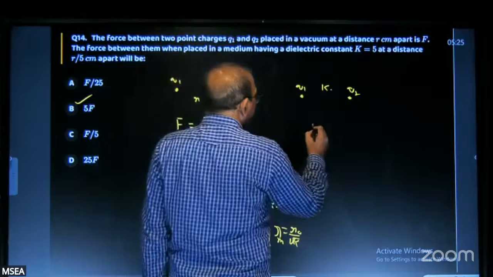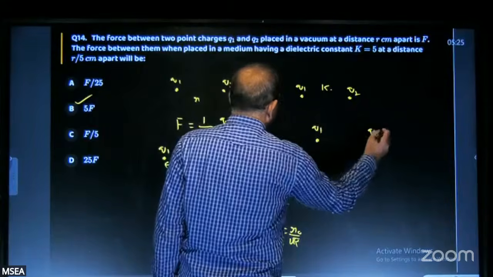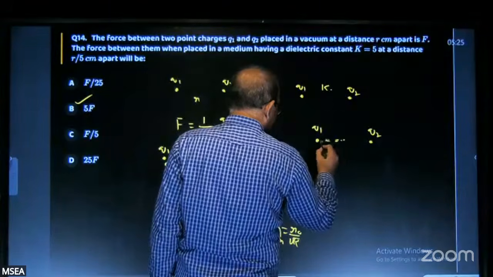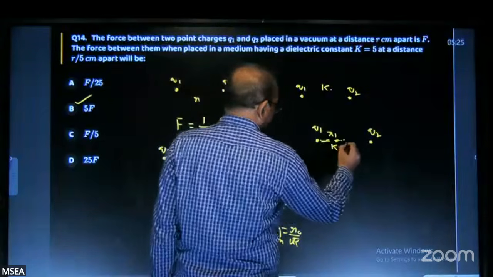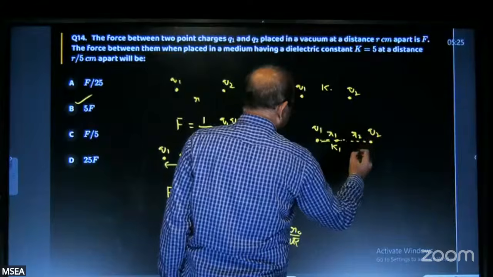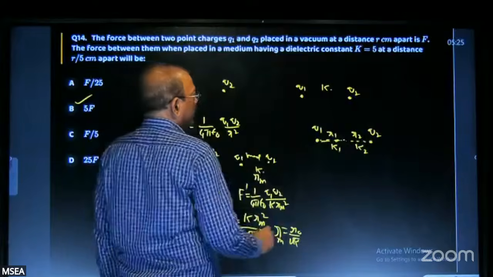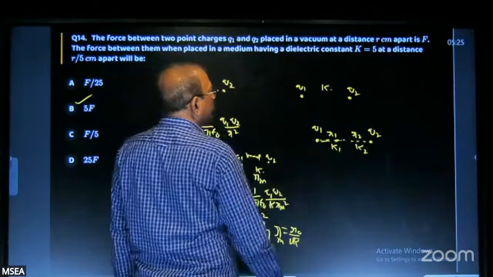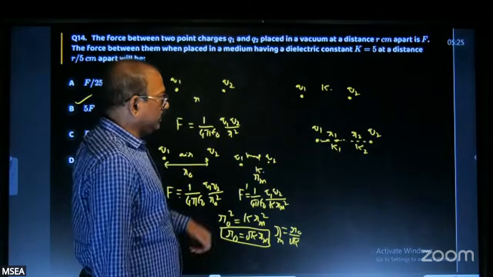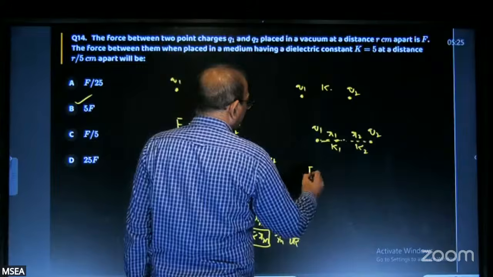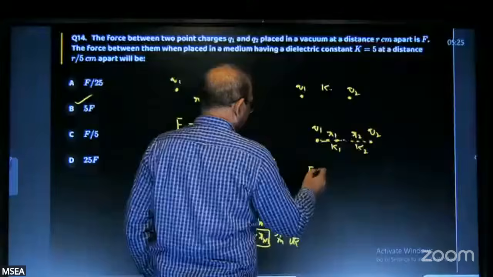But if multiple media are there, suppose between these two point charges, for some distance R1 one medium of dielectric constant K1 is present, and for the remaining distance R2 another dielectric constant K2 is present. Then how to find the force between them? If one single medium is there, you can apply Coulomb's law directly. If multiple media are there, the procedure is as follows.